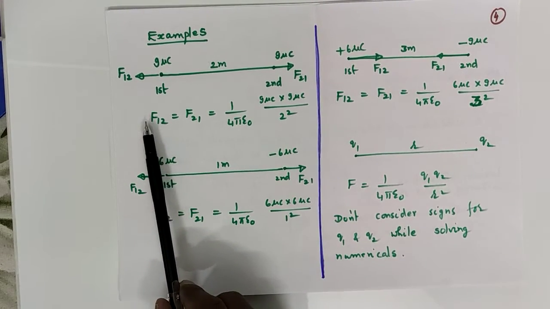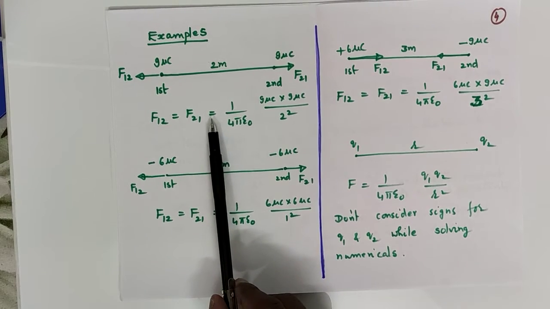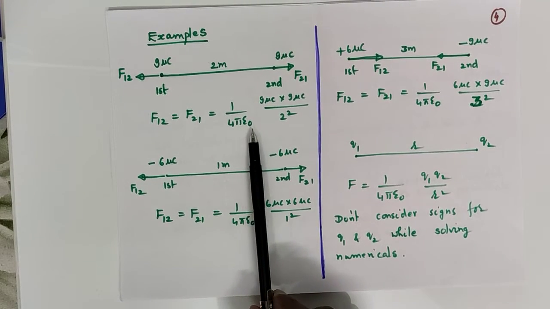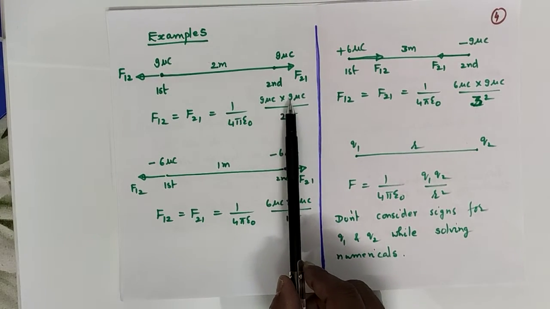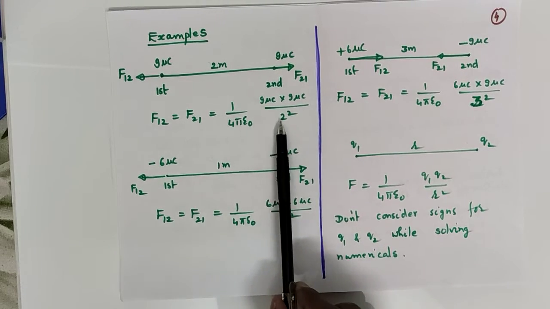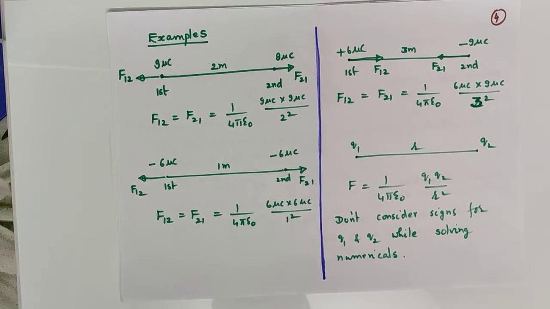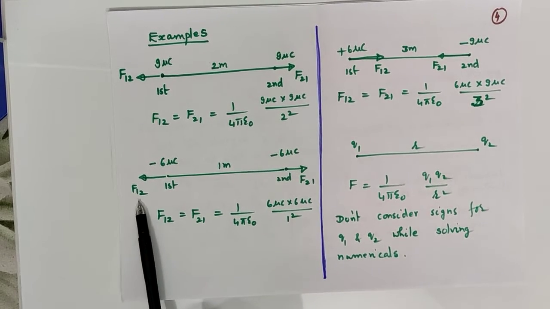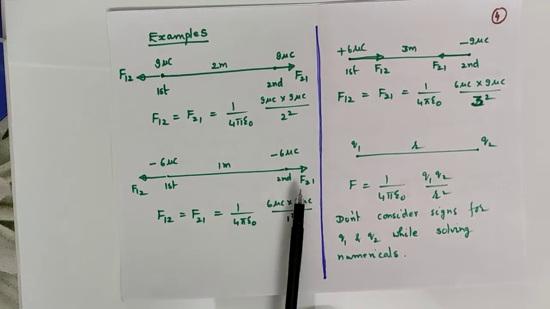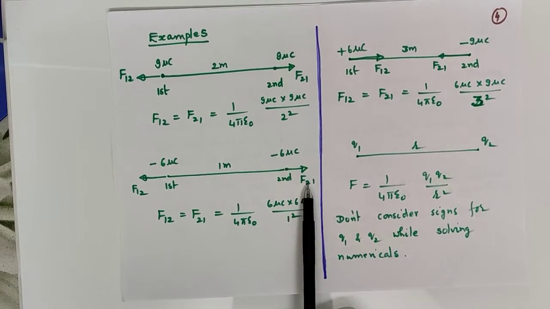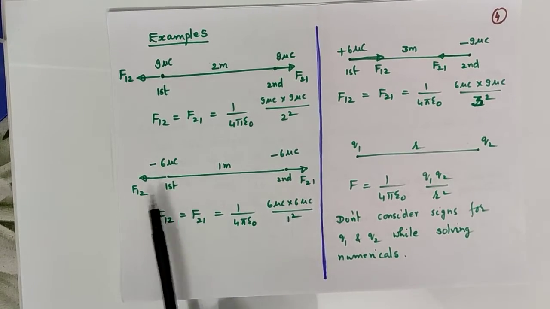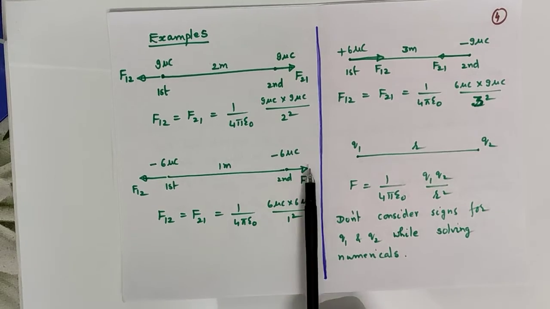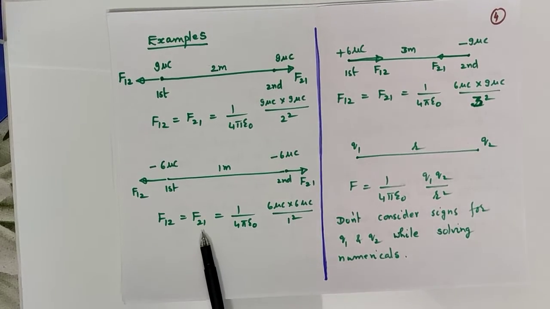So we had F12 is equal to F21, that is equal to 1 by 4 pi epsilon naught into 9 microcoulomb into 9 microcoulomb divided by 2 meters square. If both of them are negative charges, then also we have repulsive force. So F12 is equal to F21. Both of them are in opposite direction because the force is repulsive, and their magnitudes are equal.